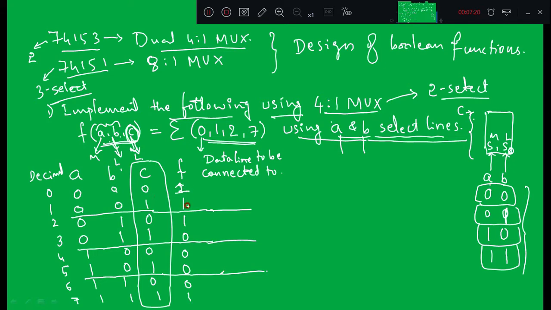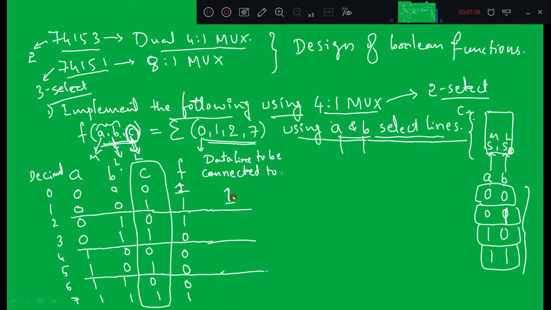If the output is high for both combinations, then you write directly 1, because the output should be 1 whenever the select lines are 0 0.